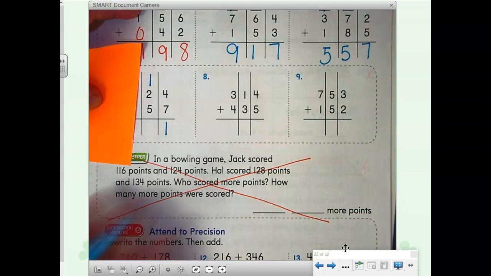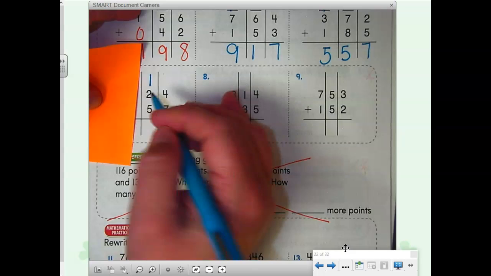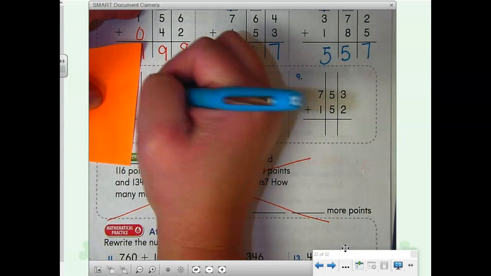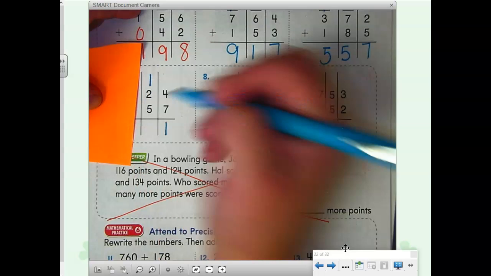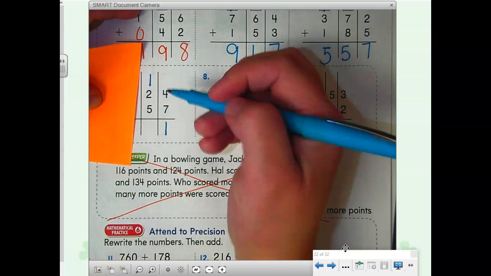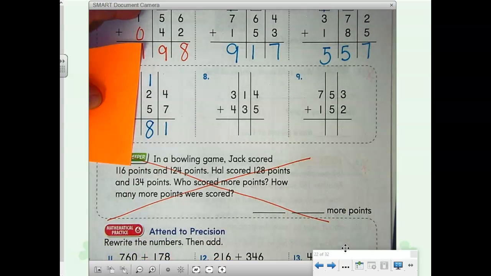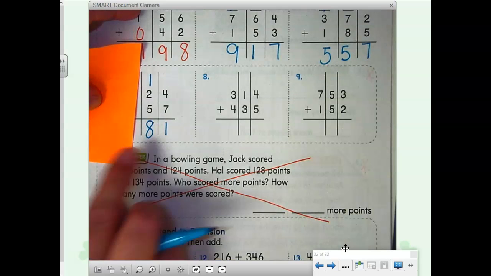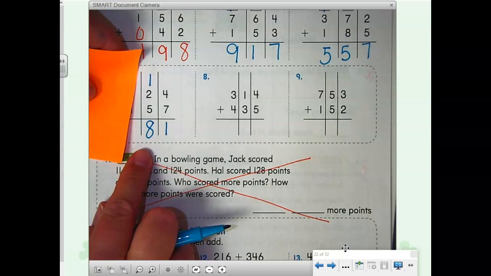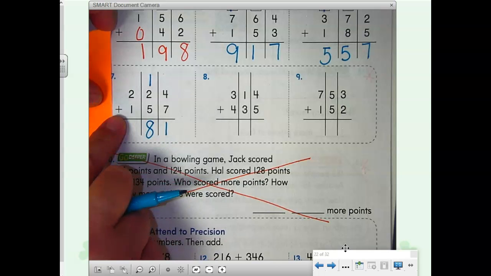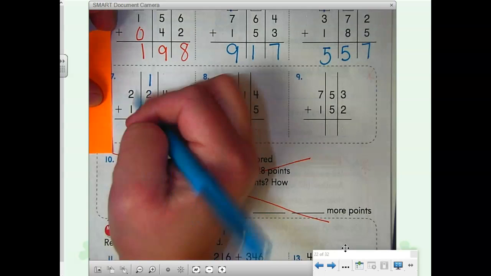Now we add in our tens column. 1 plus 2 is 3. 3 plus 5 is 8. So I have 8 here. All right, do I need to regroup? No, I do not. So my hundreds is 2 plus 1 equals 3.